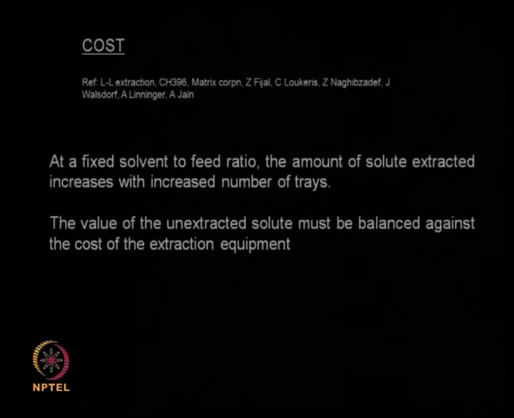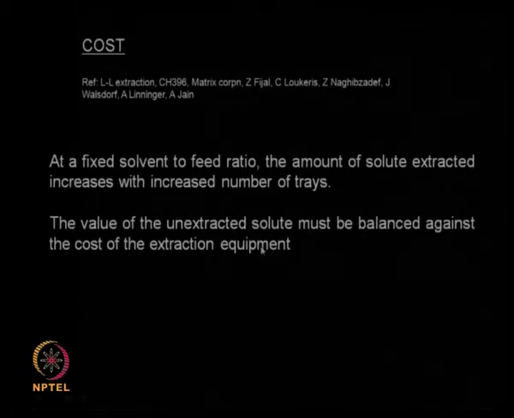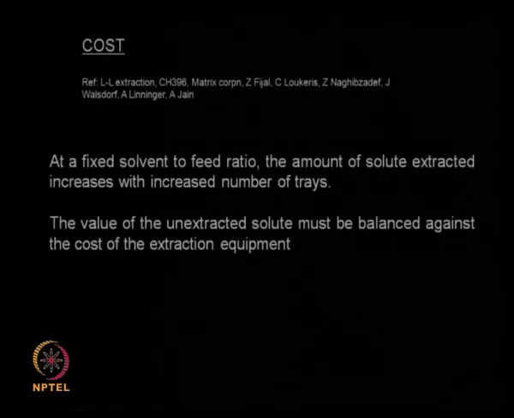If I have many stages, I will be able to increase the amount of solute that is extracted. The value of the unextracted solute must be balanced against the cost of the extraction equipment, because I can put many stages, but then I am going to increase the cost of the overall liquid extraction process.